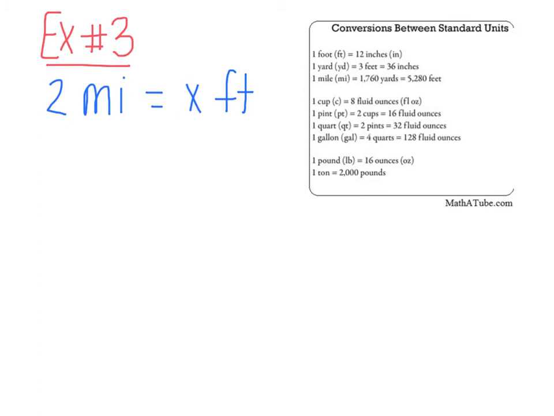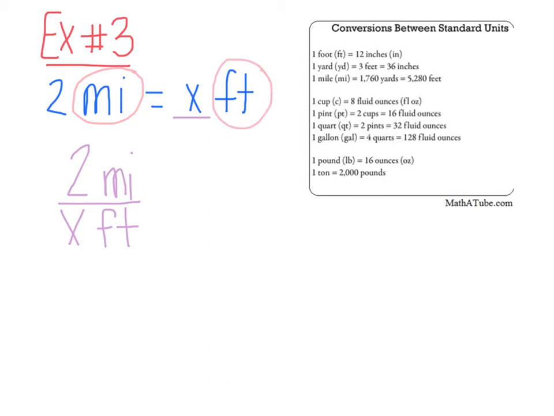Example number 3, we have 2 miles equals blank feet. So I put in an X. I write that as the first part of my proportion, 2 miles over X feet. Now I look in my chart and see the comparison between miles and feet.